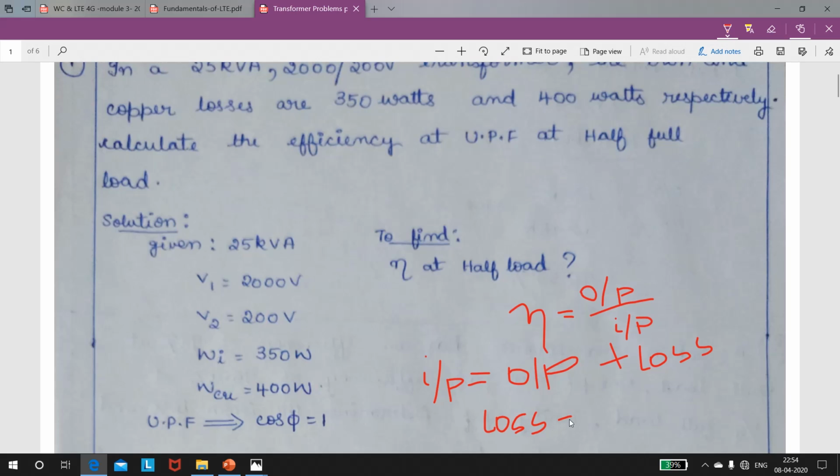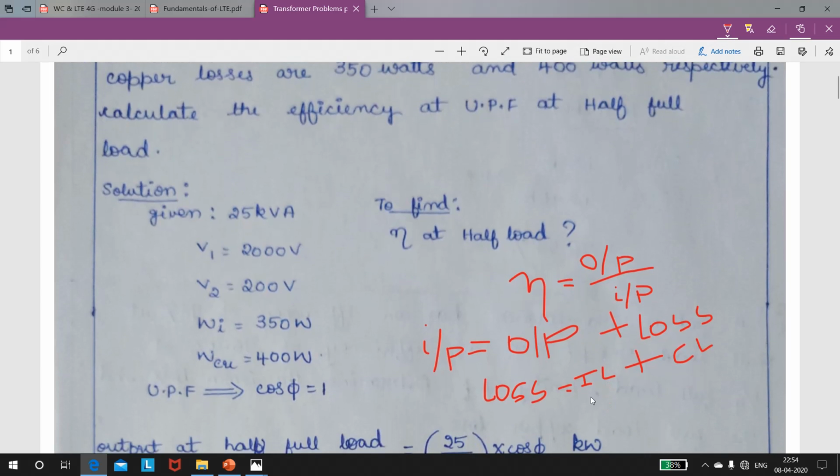So you have iron loss and copper loss. I have specified the iron loss as Wi and the copper loss as Wcu. Now what is iron loss?